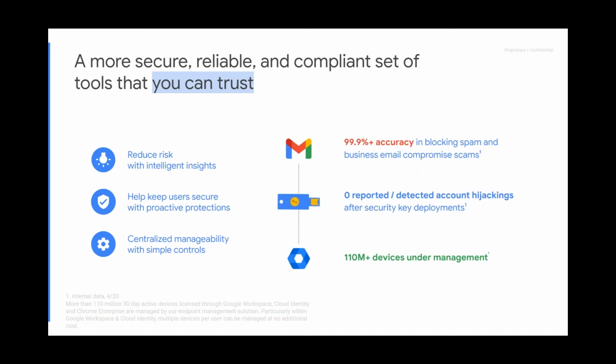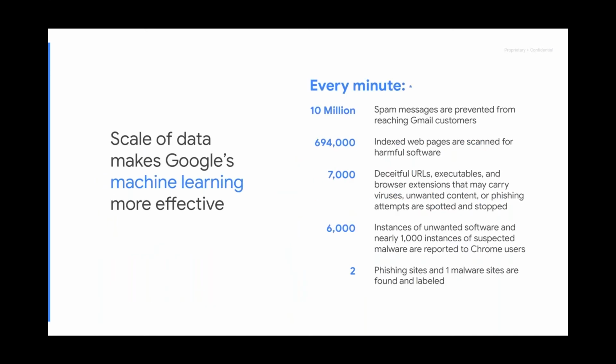If you're using a higher security posture with security keys, we've had no reported or detected account hijackings when you have a security key added to your Workspace. And we have over 110 million devices under management today, both using security keys as well as not, internally and externally.